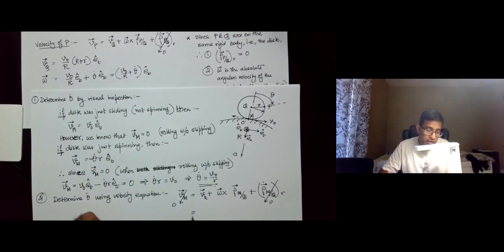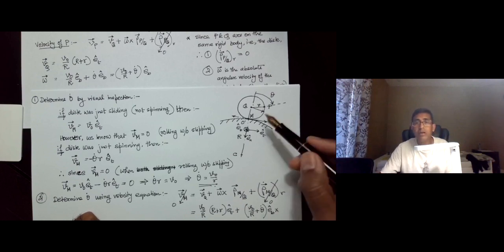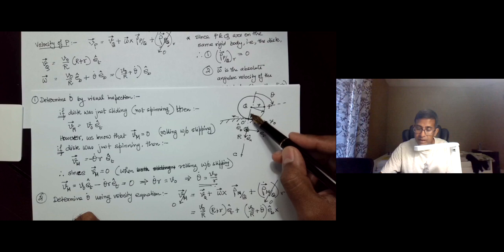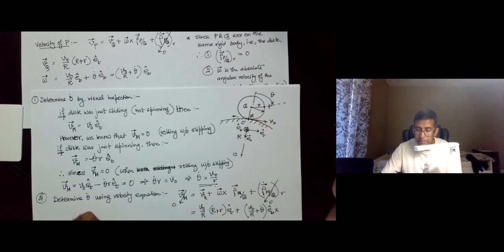So we can write Vq as V0 divided by R, capital R, times capital R plus small r et, plus omega. Now we have the expression for omega. Omega is V0 divided by R plus theta dot EB cross now m with respect to q. Now note that m with respect to q is a vector going from q towards m. It is going to have a magnitude of small r and it is going to be in the direction of en.